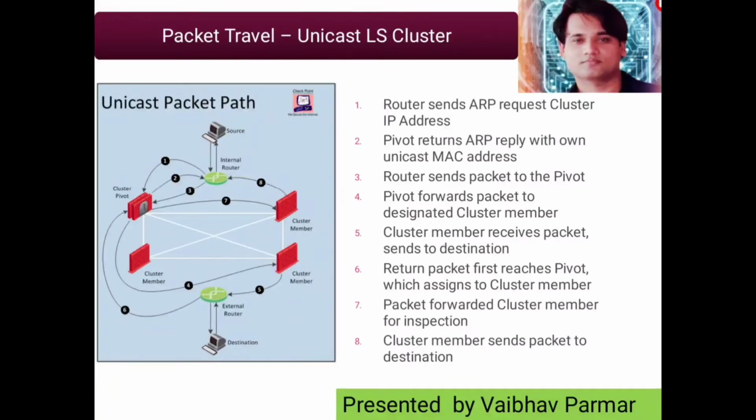The return packet first reaches the pivot, which assigns the cluster member to handle the packet. The packet is forwarded to the cluster member for the security gateway inspection, and the cluster member sends the packet to its destination. If you read this slide, it's also self-explanatory how the packet travels in unicast load sharing clusters.